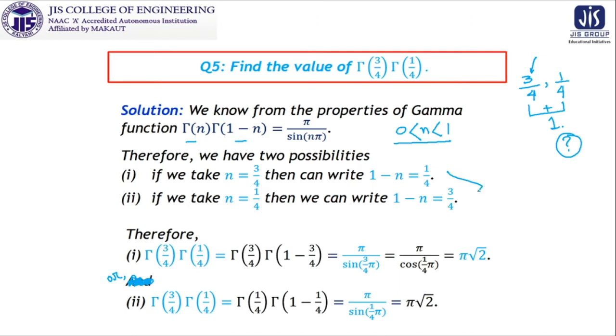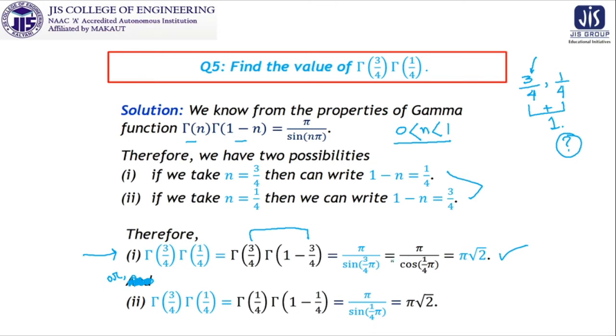Whichever you take, you can write your problem as gamma 3 by 4 into gamma 1 minus 3 by 4. So here we take n as 3 by 4, giving pi by sine 3 by 4 pi, and sine 3 by 4 pi is nothing but sine pi by 4. So ultimately the value of the whole problem is pi by root 2.